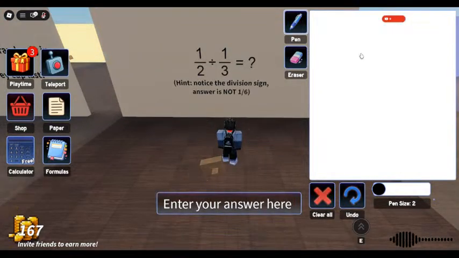Now here, division. 1 over 2 divided by 1 over 3. In this division of fractions, we can make it easier by keep, change, flip. Yeah, I think that's what it's called.